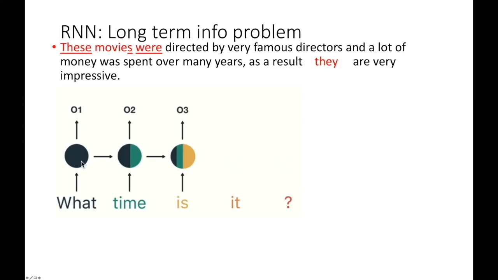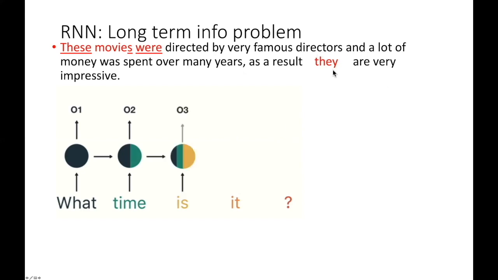For example, what here, which is represented by the color black, becomes pretty small as you keep going ahead. That is one of the problems, wherein the RNN will completely forget what the initial part of the sequence was. Like here, there is a sentence: These movies were directed by very famous directors and a lot of money was spent over many years. As a result, they are very impressive.